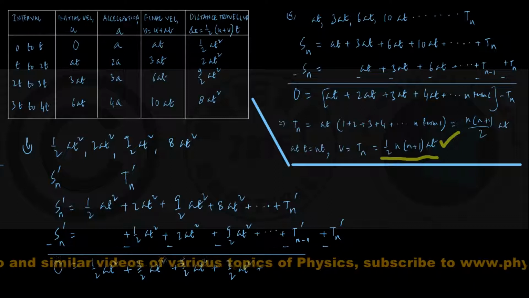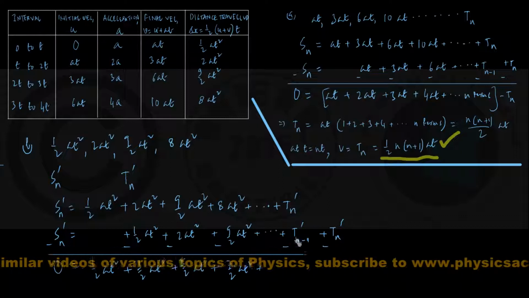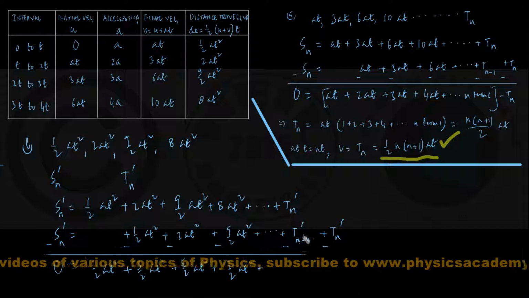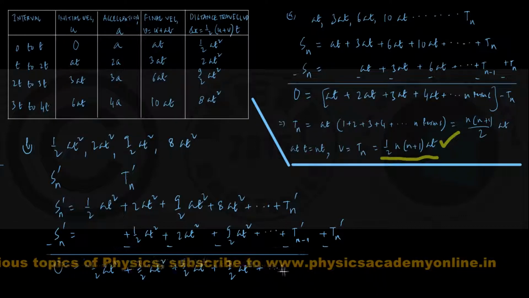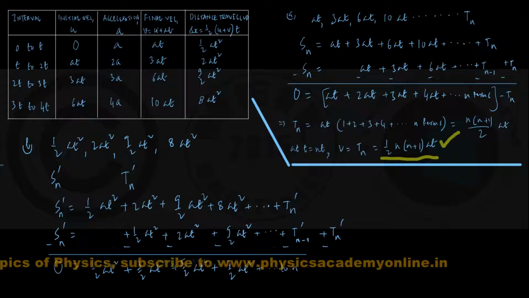This way, if you come up to this, Tn dash minus Tn minus 1 dash, up to this is giving me up to n terms for the series already getting formed.